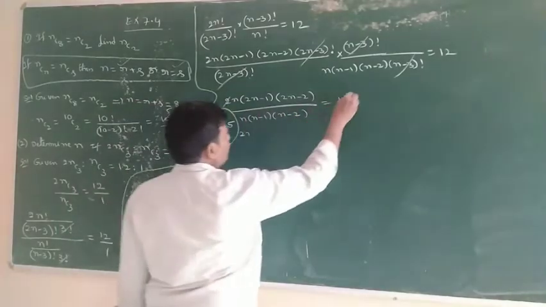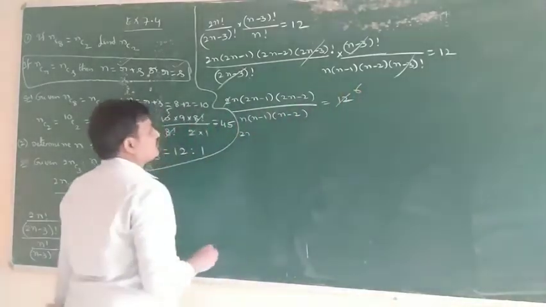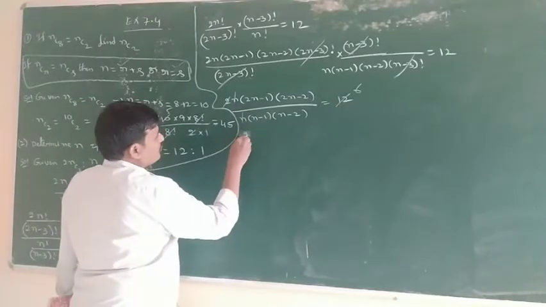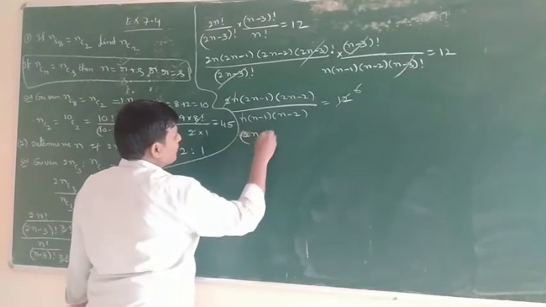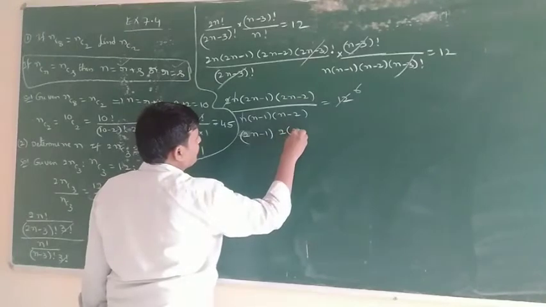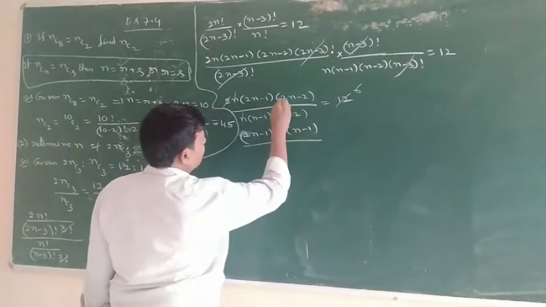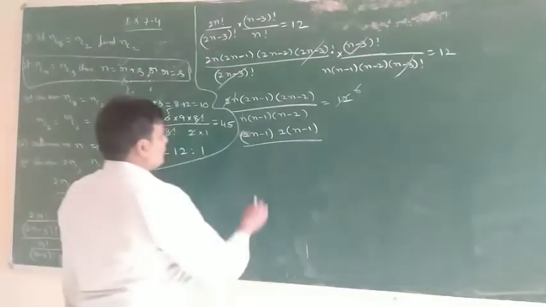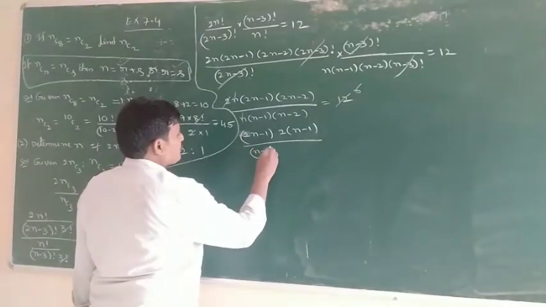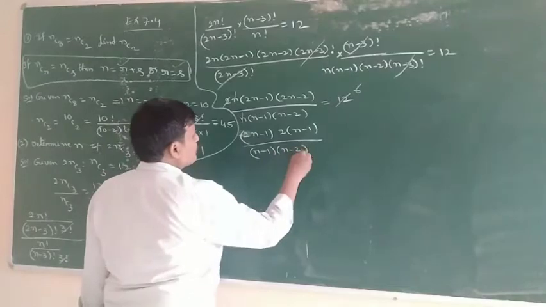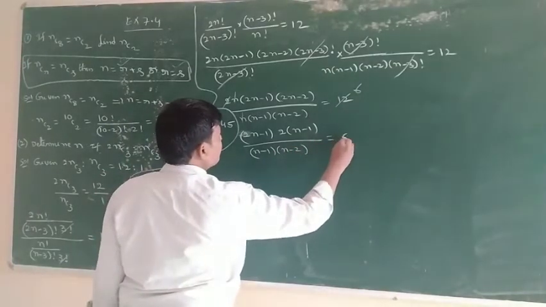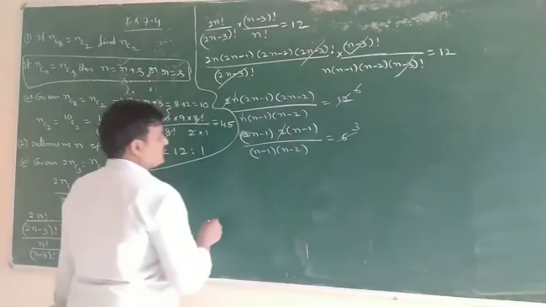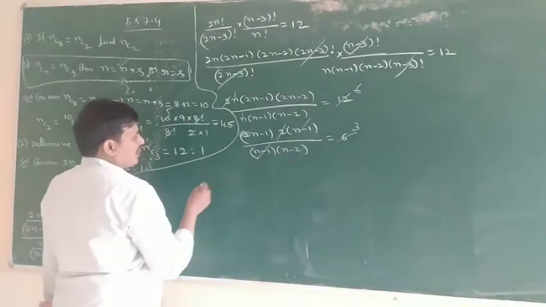2 ones are 2, 6, okay, n cancels. So 2n minus 1 into, here 2 is common, 2 into n minus 1. In the 2n minus 2, 2 is common, so 2 by n minus 1 into n minus 2 is equal to 6. 2 ones are 2, 3s are 3, n minus 1, n minus 1 common.